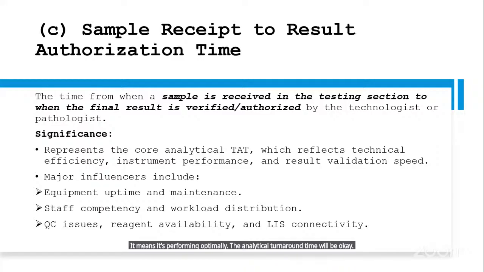If your staff are competent enough to undertake those processes and your workload distribution is good, it means analytical turnaround time will be good. We also look at whether you have no QC issues, your reagents are available, you have no stockouts, and your laboratory information system is stable and functioning optimally.